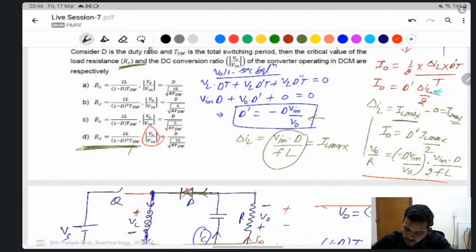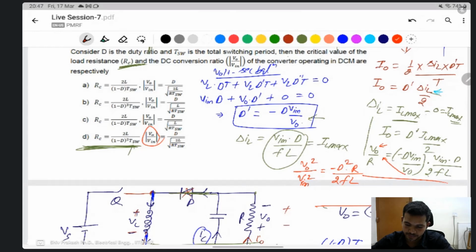This one, V naught multiplied by this one, gives V naught square. This one, V in multiplied by this one, and taking the common denominator on the left side, gives V in square. Then this one is D square minus D square, and R multiplied by this one into R divided by 2FL.